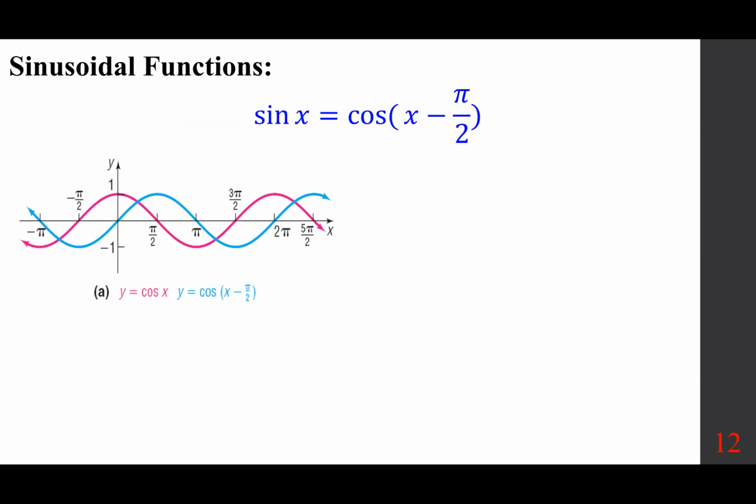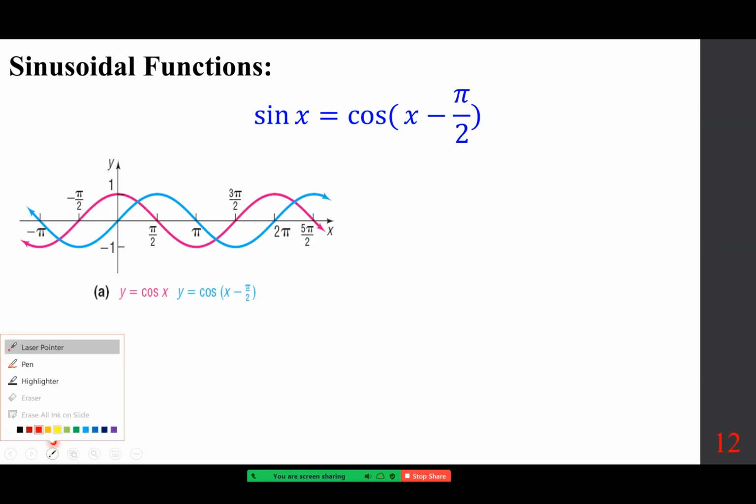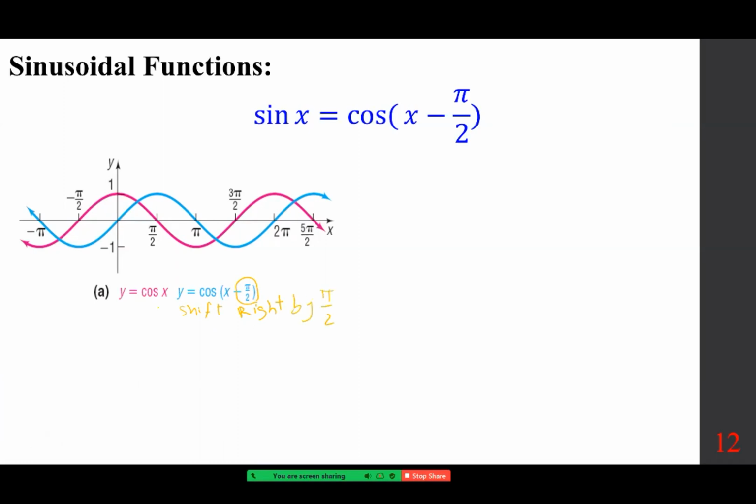So if you look at y equals cosine x, and y equals cosine of x minus pi over 2 means we are shifting it to the right by pi over 2. So we are going to shift the cosine x, which is the red one.